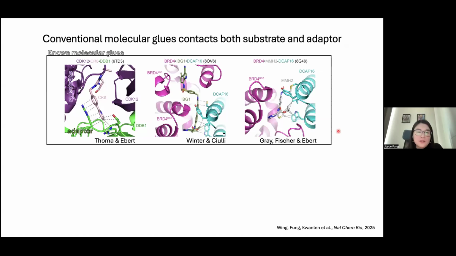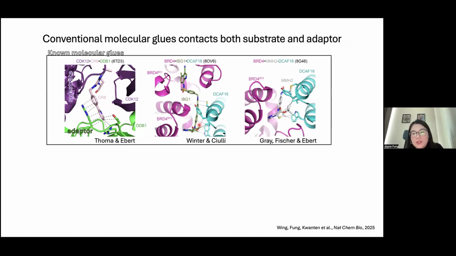This is in contrast with conventional molecular glues, because those often make many contacts with both the substrate and the adapter for ubiquitination. So for example, the CR8 inhibitor is clamped by the substrate CDK12, and you see it makes contacts with the adapter DDB1.